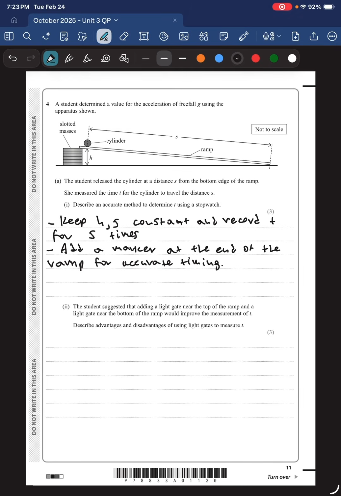I mean, you will have a visual clue about when the cylinder passed through the end, so you stop the stopwatch. And another thing you can do is to start the stopwatch as soon as the cylinder starts moving.